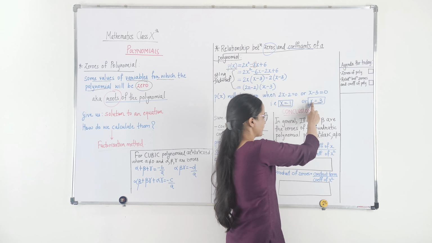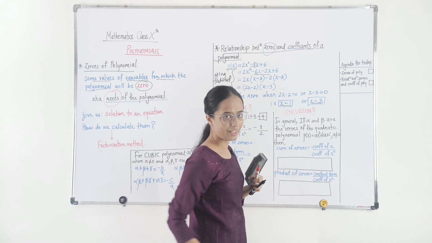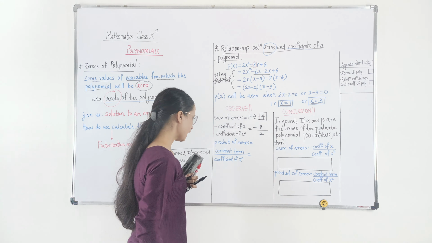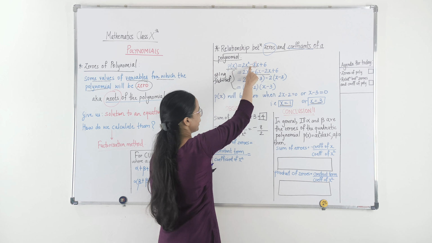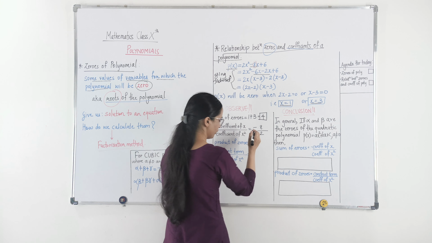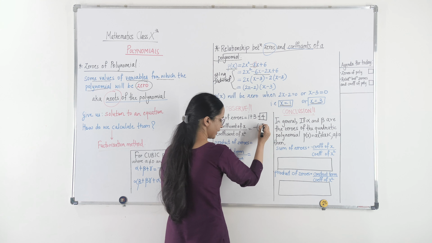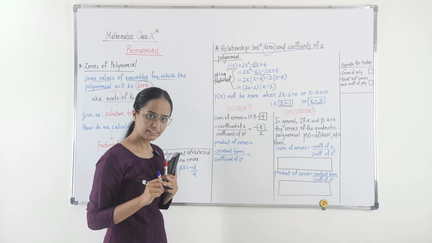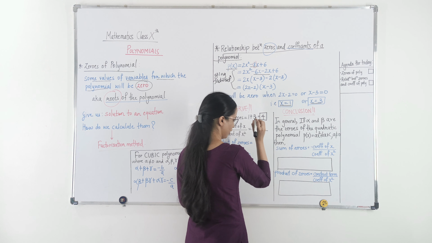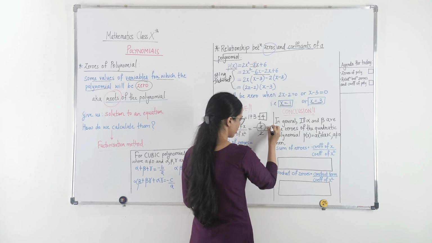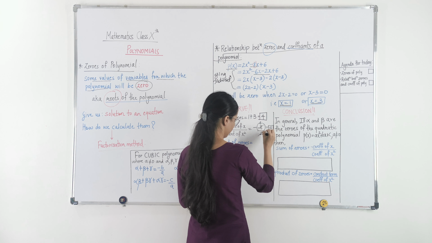When you substitute the value of x as 3, you're going to get 0. Now when I put the coefficient of x as minus 8 over here, there is already a minus sign and now we are putting minus 8. So minus into minus becomes plus, and when you reduce this, we get the answer equal to 4.